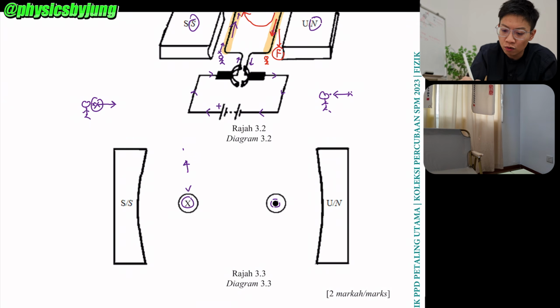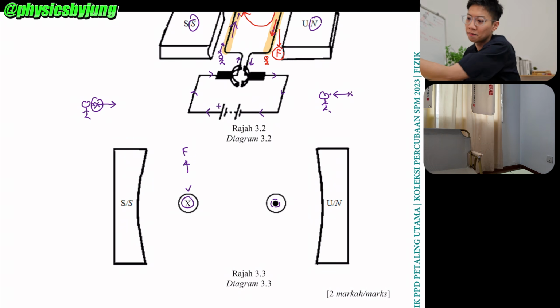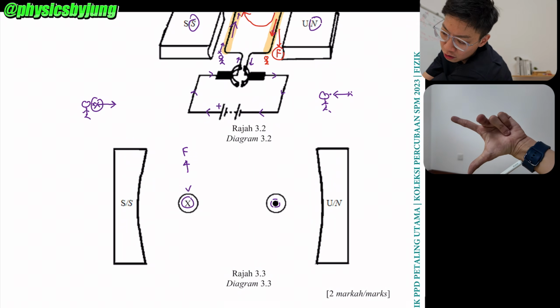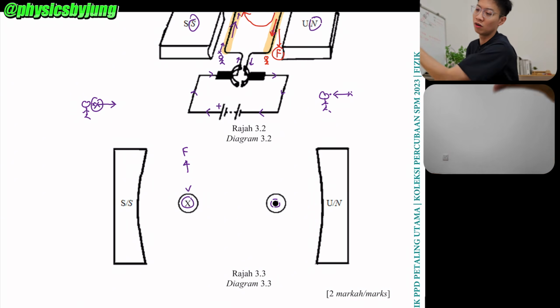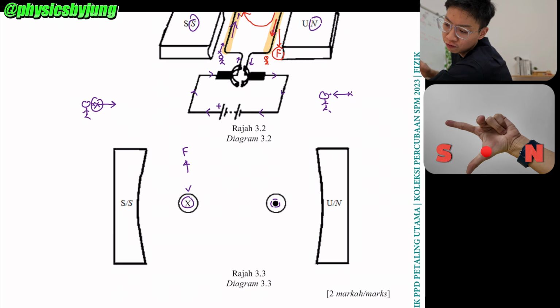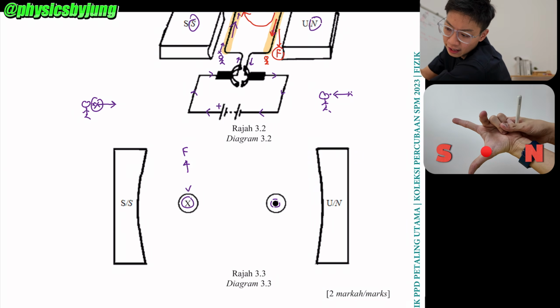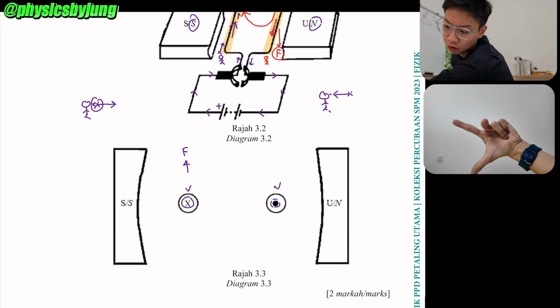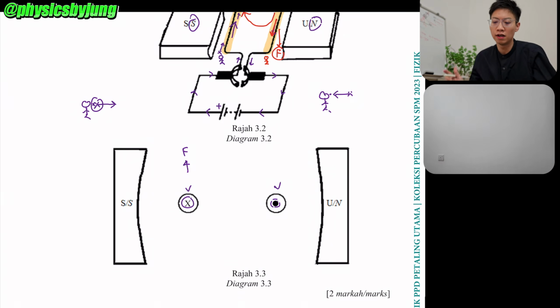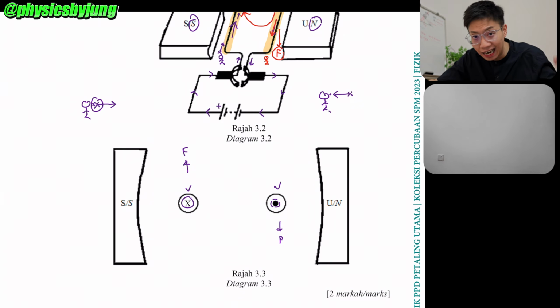So therefore the force goes up. Then if it's a dot, this one is a bit hard, my hand has to twist a bit. So you see that your arm has to turn out a bit. So you see that north to south, alright, then your middle finger points towards you because it's a dot diagram, and after that your thumb goes down, okay? So my force goes down, alright?